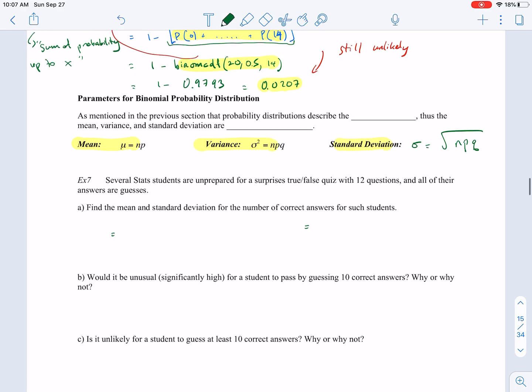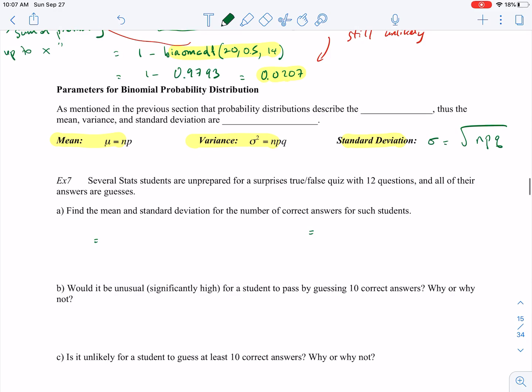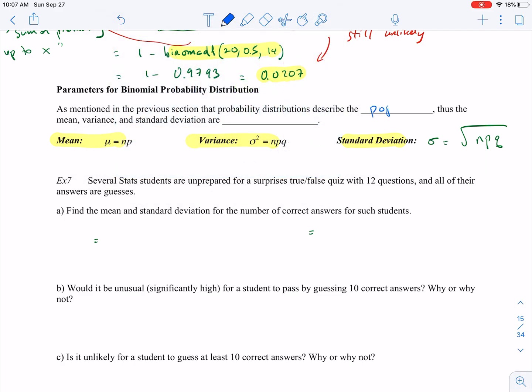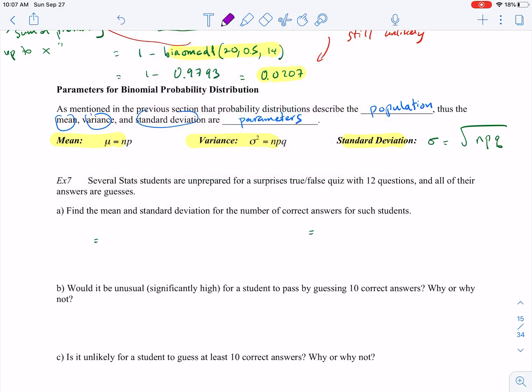But let's go through this example here. So this is saying that, as mentioned in the previous section, probability distributions describe the analogous version of the population. So describe the population. So therefore, the mean, variance, and standard deviations are considered parameters, not statistics. Okay. And the mean can be computed as n times p, right?